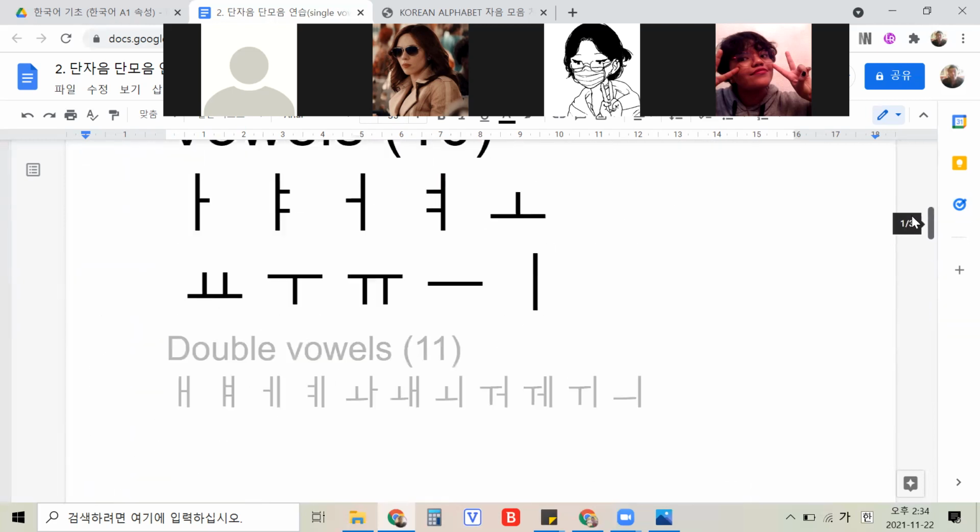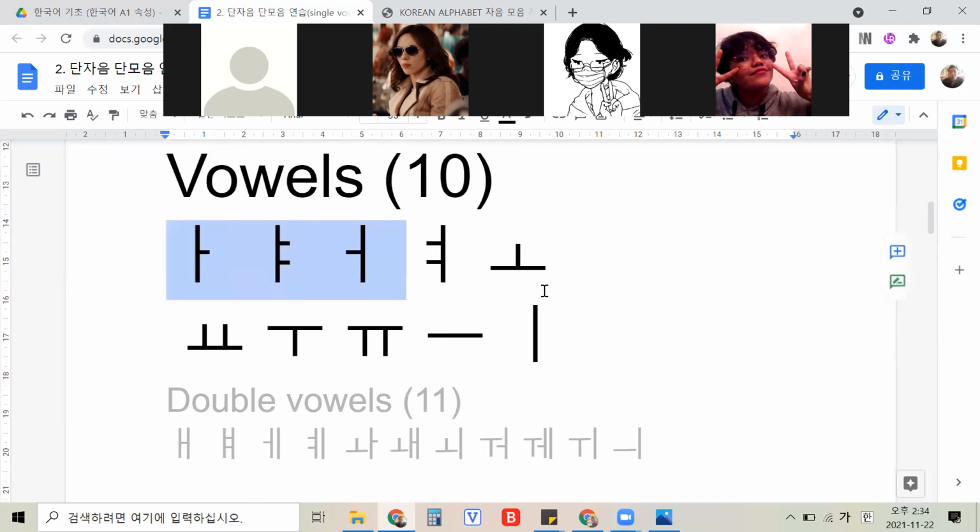Let's check all the single vowels. I'm just going to read, and try to see, because vowels are very similar. So let's do this. A, ya, o, yo, o, yo, u, you, e.